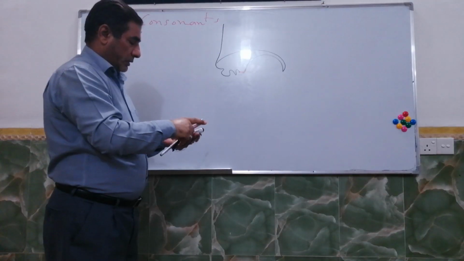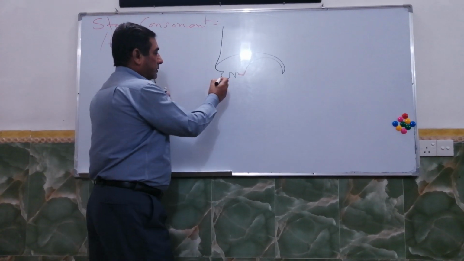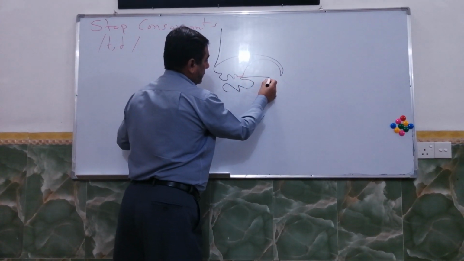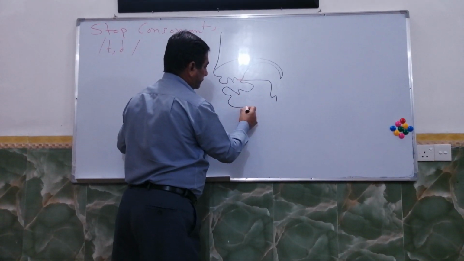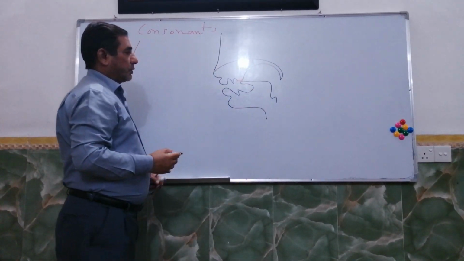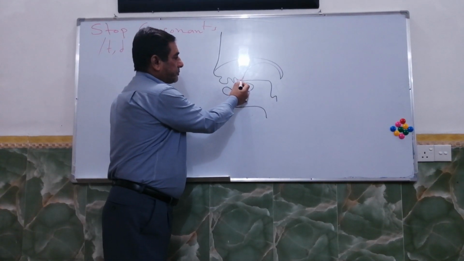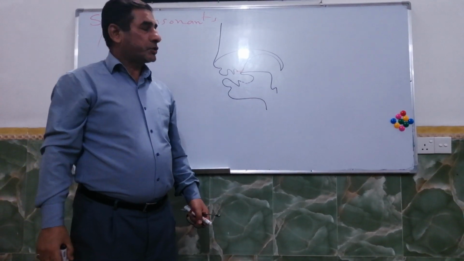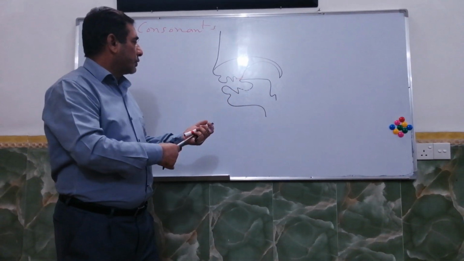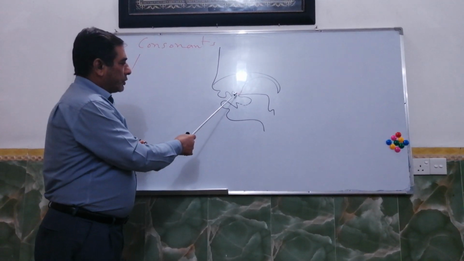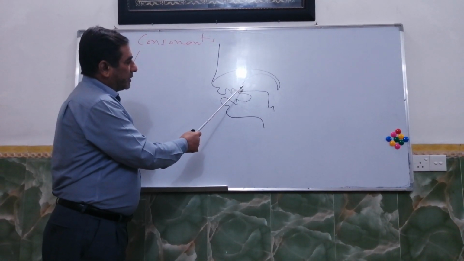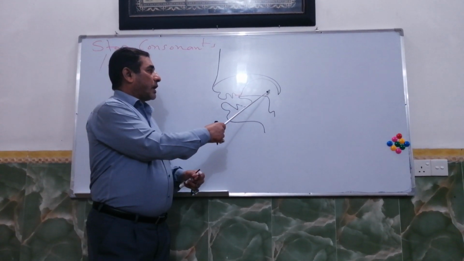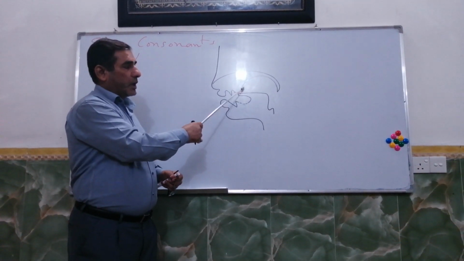Now, as I have just said, this is the lower jaw, the tip of the tongue is firmly against the middle of the alveolar ridge. This is the way we draw it. So you see here, the tip of the tongue is firmly against the middle of the alveolar ridge, not near the teeth, not near the hard palate. So in the middle here. Now this is the first. As you see here, the oral cavity is now blocked.